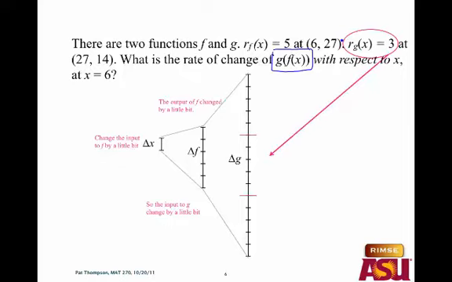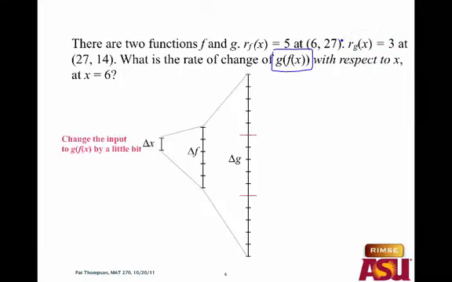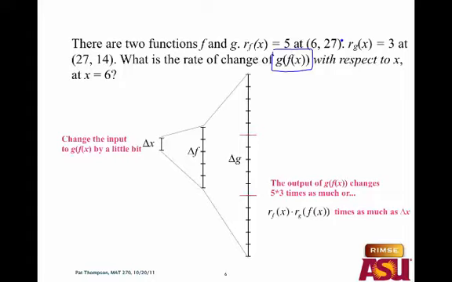That's it. So if we change the input to G of f of x by a little bit, the output is going to change 5 times 3 as much, or R of f of x times R of G of f of x times as much as delta x. And that, in this case, is 15.